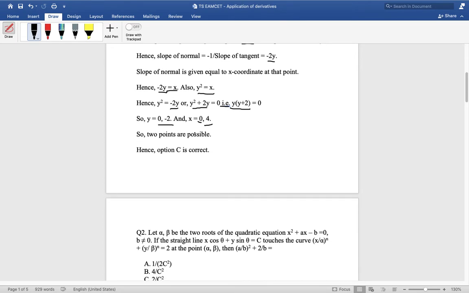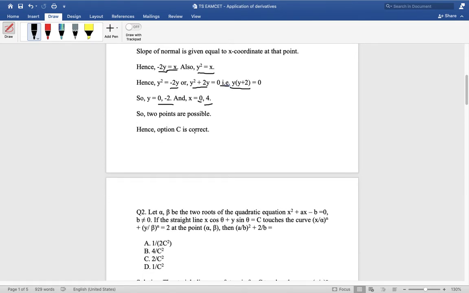Okay, now this problem, the second one, I think it was a bit lengthy when I solved it. It's not a difficult problem, but it's lengthy. Okay, so let's just have a look at this question as well. Let alpha, beta be the two roots of the quadratic equation x square plus ax minus b is equal to 0, where b is not equal to 0.